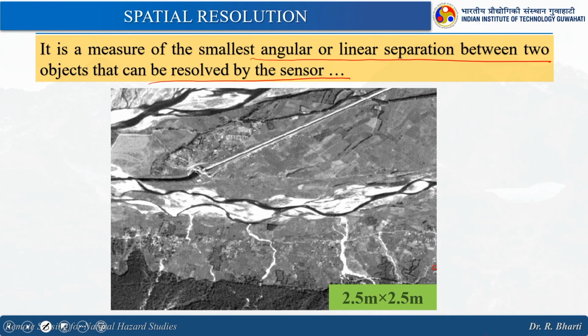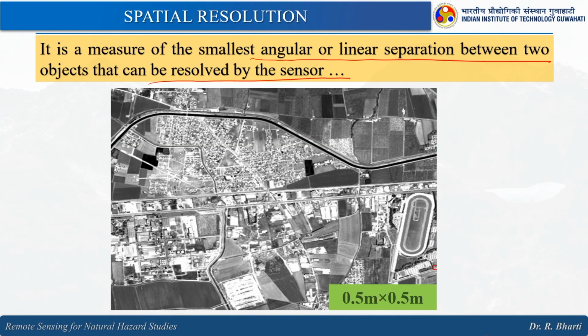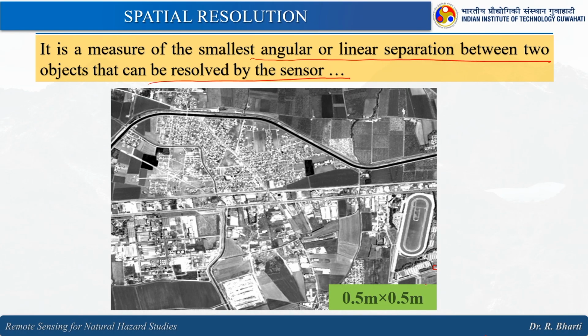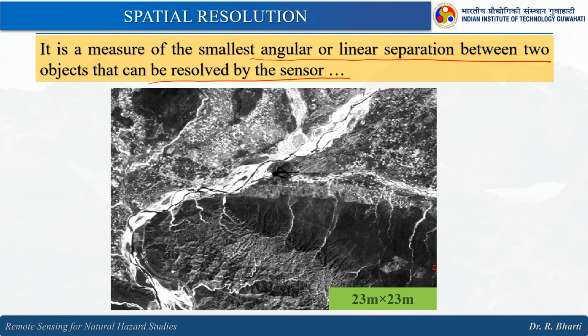Another image, here you have 2.5 by 2.5 meter. This is 0.5 by 0.5 meter. So, definitely when we have a smaller area, the image will have more information, right. So, this is another example. When we have the lower or coarse resolution, in spatial resolution we refer to fine, medium and coarse resolution.